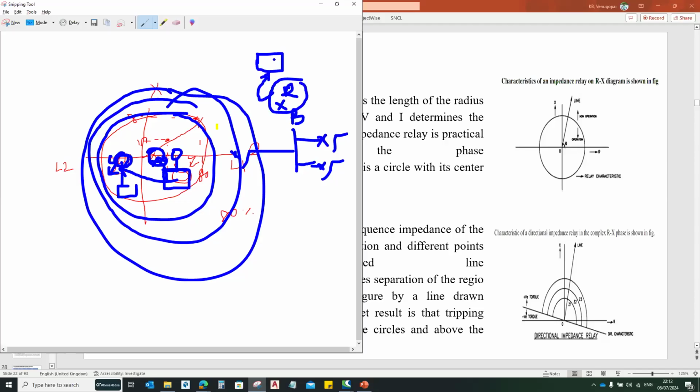There will be setting parameters to plot this circle, and these values will be entered in this particular relay, so that the characteristic is defined inside that. So the main input for this circle is the R and X values of the transmission line, taken as the actual values of the conductor you are using in the transmission.